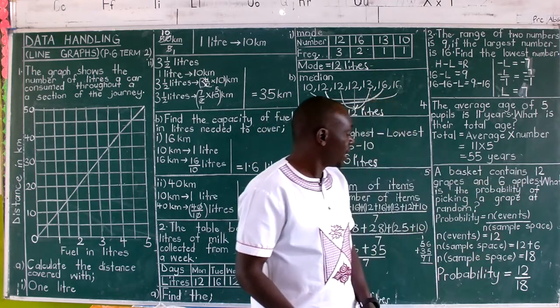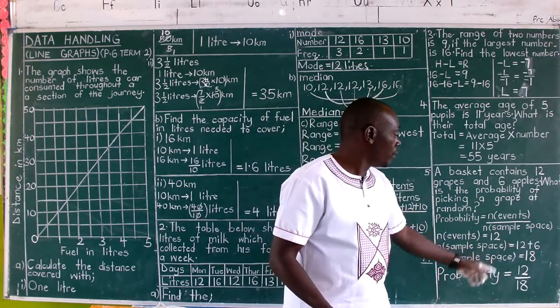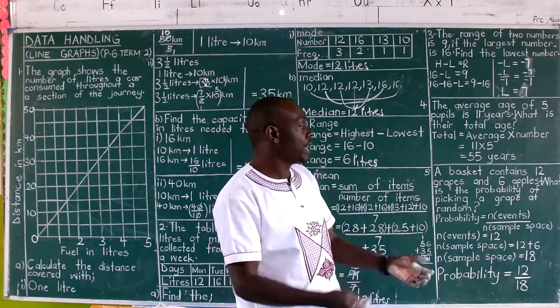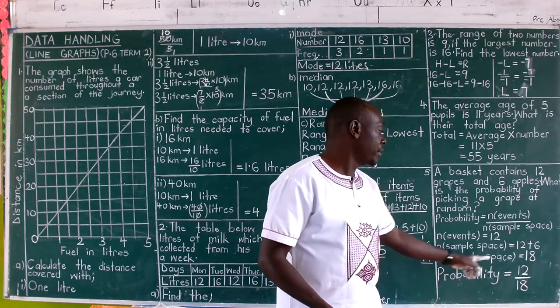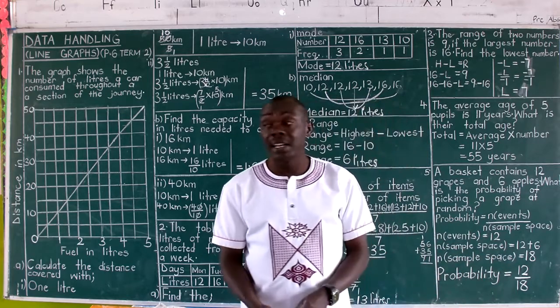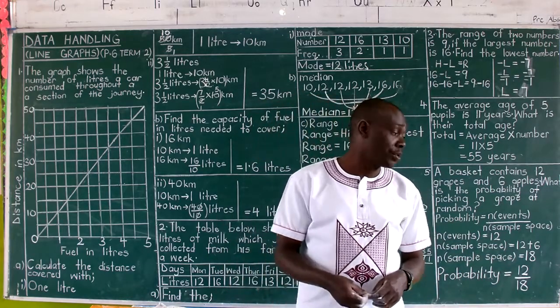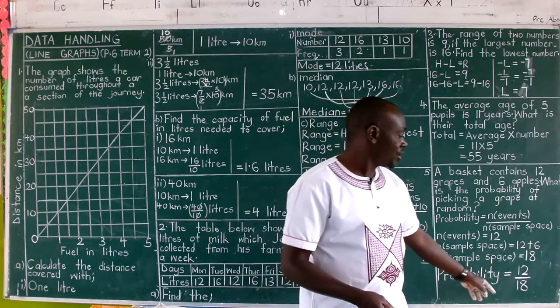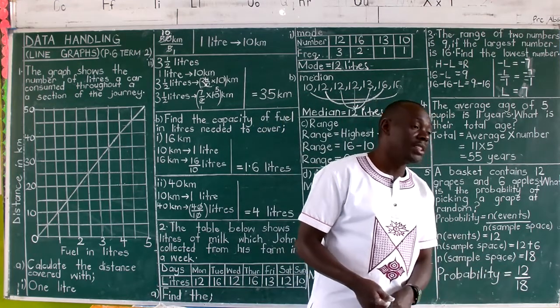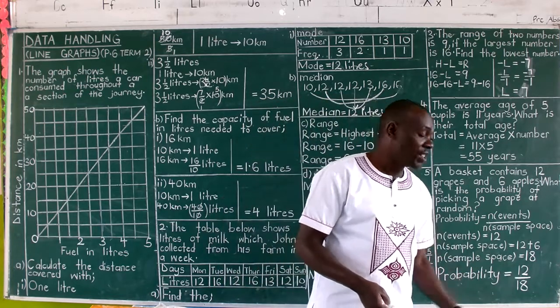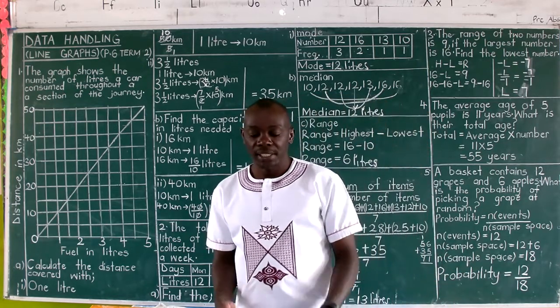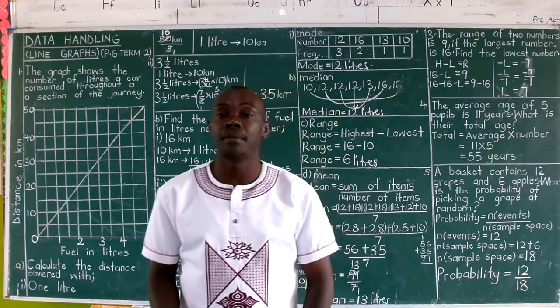All the grapes are 12, so the number of events is 12. Then the number of sample space means the total number of fruits, so 12 plus 6. So the number of sample space is 18. Thereby having probability as 12 out of 18. Remember that much as 12 and 18 are reducible, never should you reduce probability. Leave it as 12 out of 18, and that's the perfect probability.